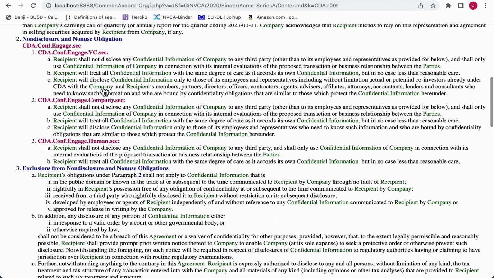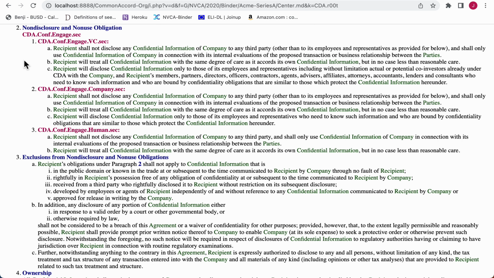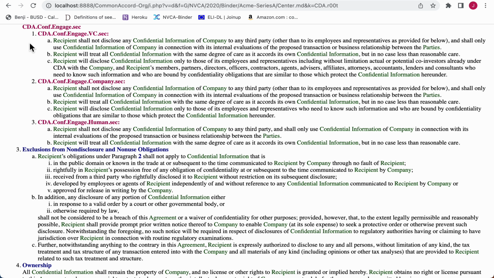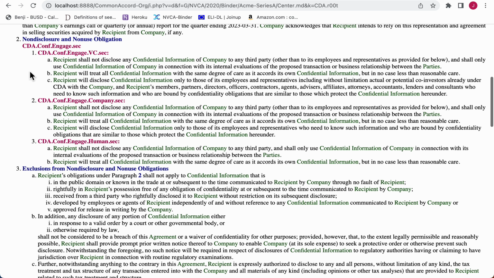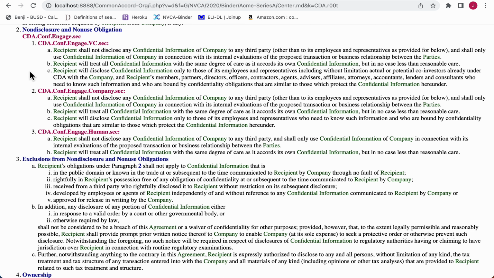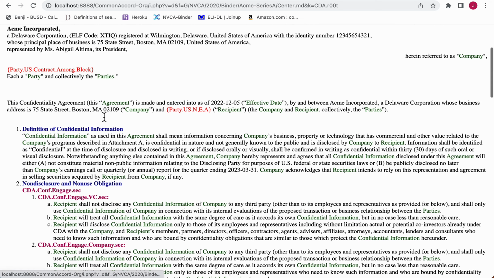And notice also that it captures the 3 variations suggested by the National Venture Capital Association with a different set of engagements and exceptions for a VC versus a company versus an individual, human.